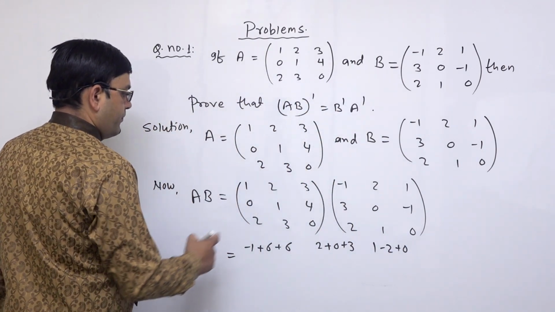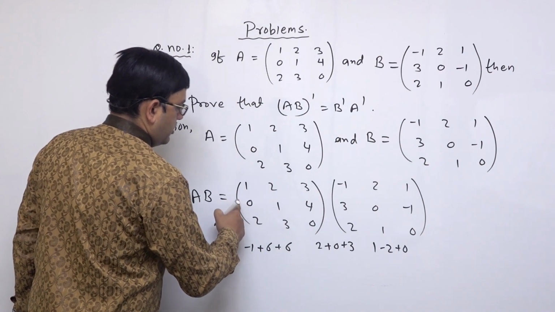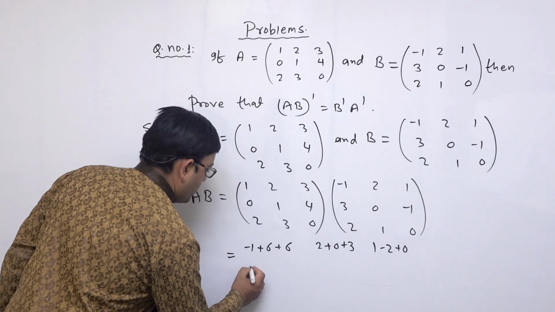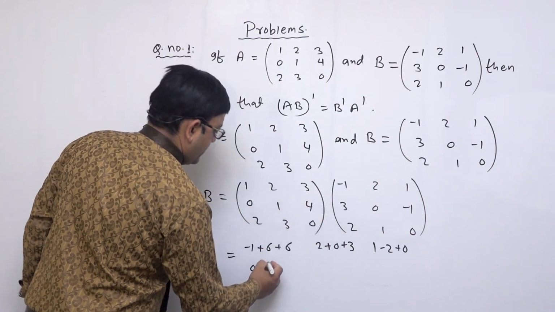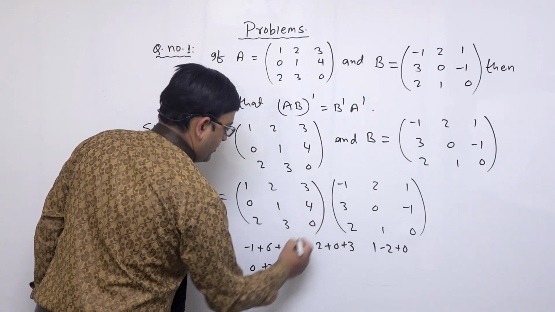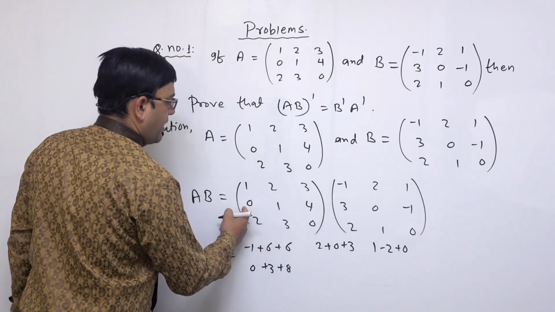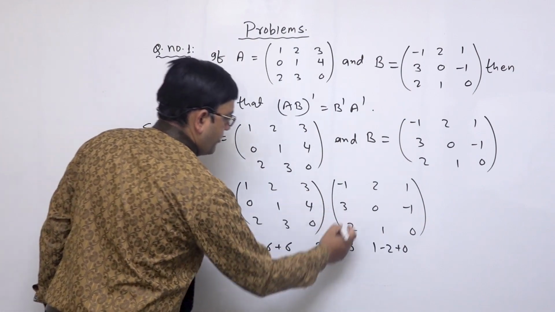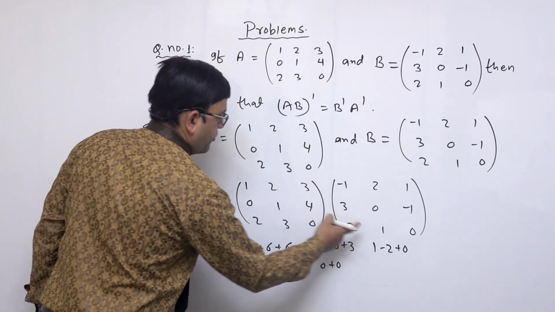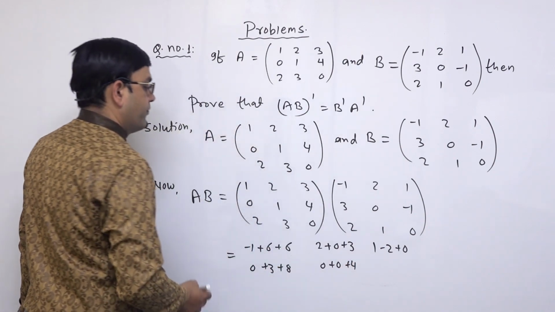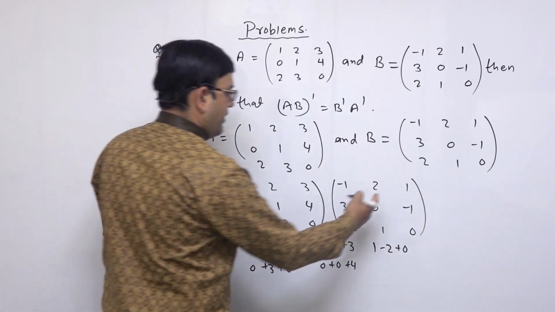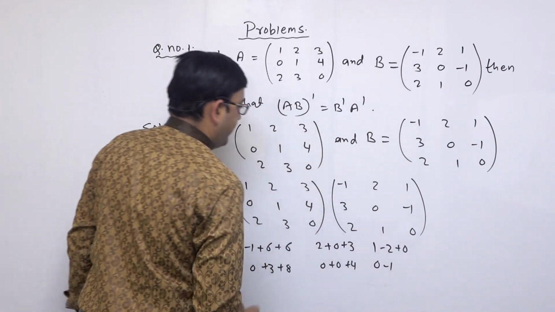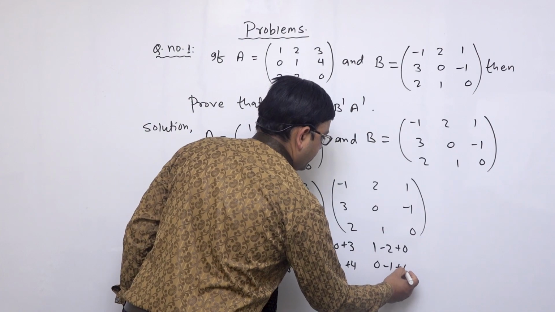Similarly, the second row multiplied to the first column: 0 times -1 is 0, 1 times 3 is 3, 4 times 2 is 8. Then 0 times 2 is 0, 1 times 0 is 0, 4 times 1 is 4. Then 0 times 1 is 0, 1 times -1 is -1, 4 times 0 is 0.